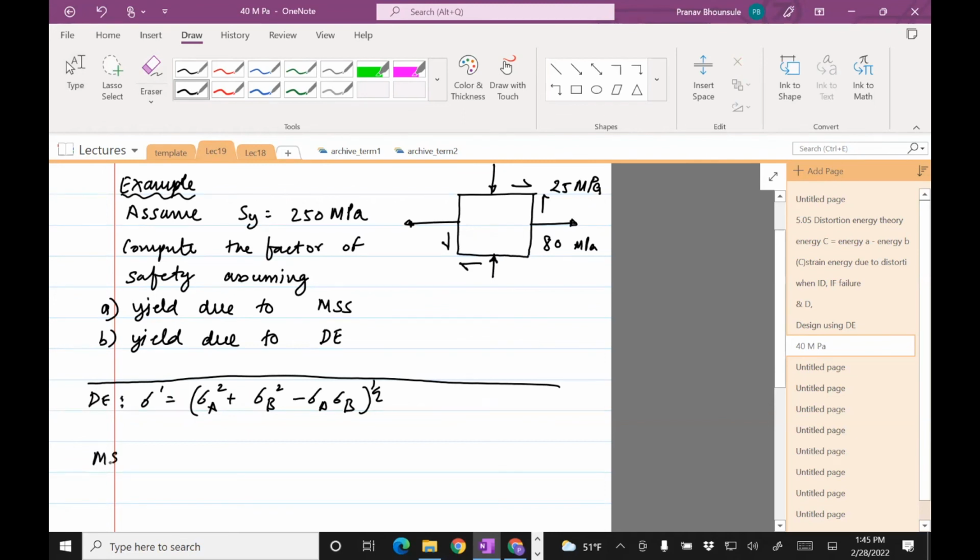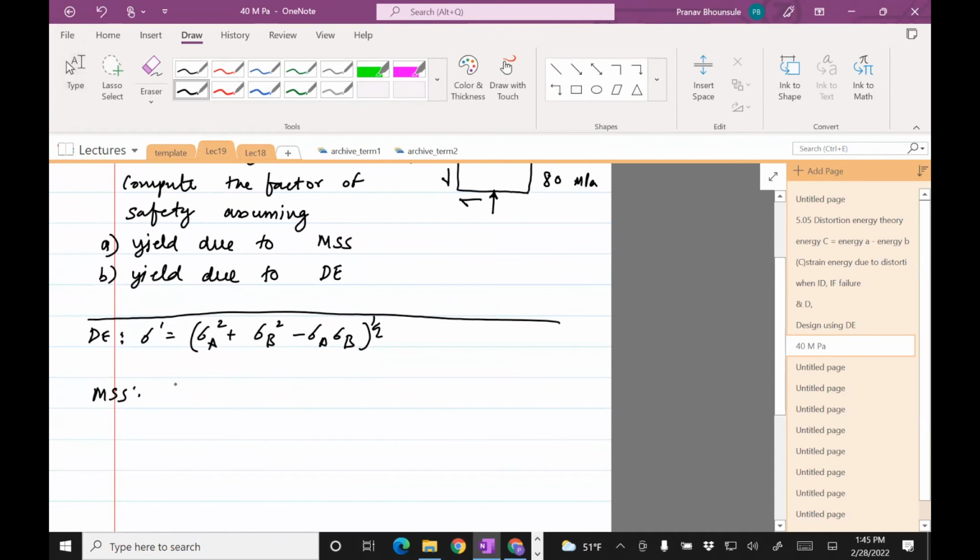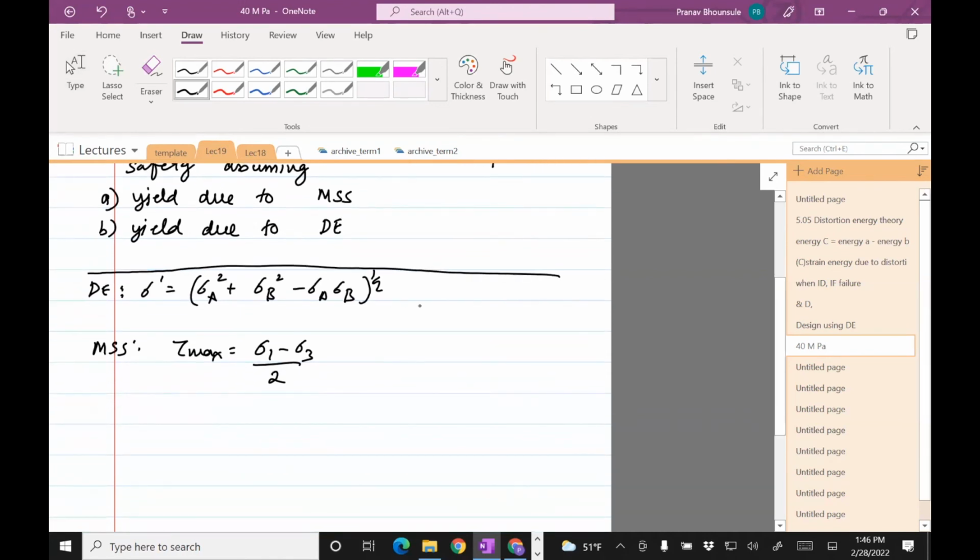And then for MSS, we need tau max, which is sigma 1 minus sigma 3 divided by 2, the maximum shear stress, right? So I'll come to that. Let me just write down the formulas and then we'll show you what A and B is.